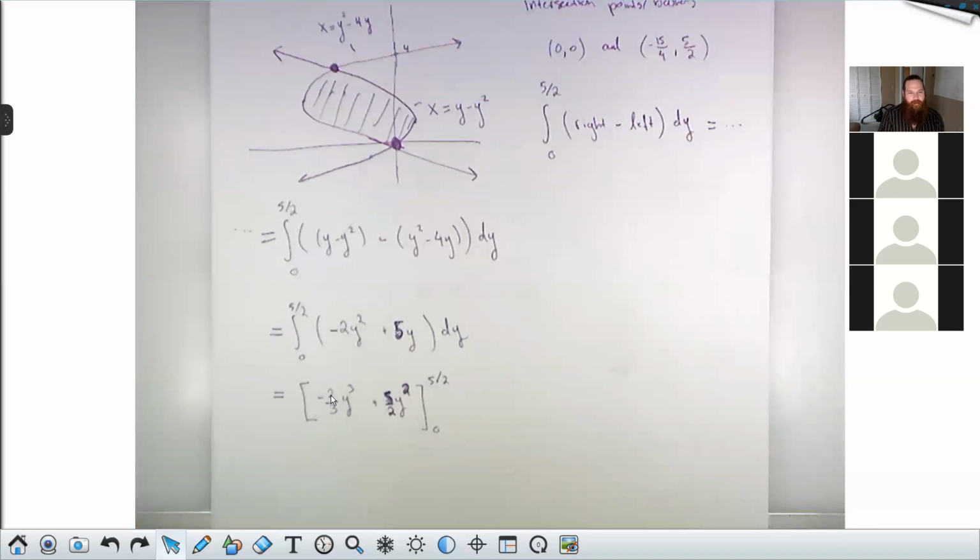Okay, this is sound now. This will definitely be the negative 2/3 y cubed. And this is a 5y, so the y will integrate to y squared over 2, and we'll have 5/2. Okay, this is okay.